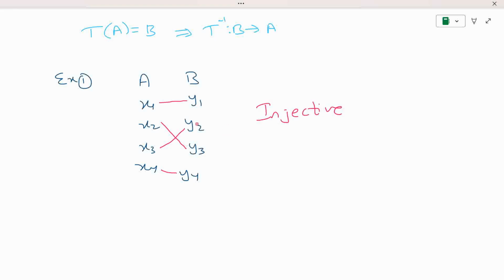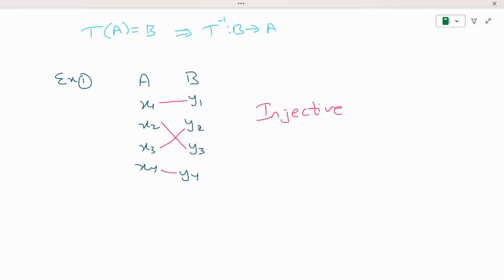Now for bijective, every element in B should be the image of at least one element in A. So here every element like y1, y2, y3, y4 is the image of at least one element. y1 is the image of x1, y2 is the image of x3, y3 is the image of x2, and y4 is the image of x4.